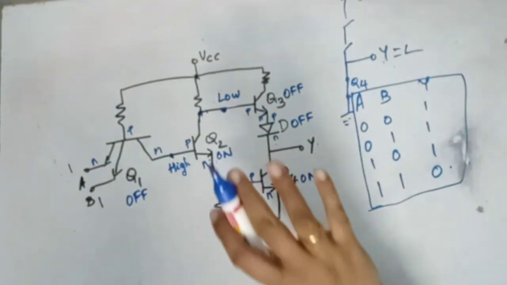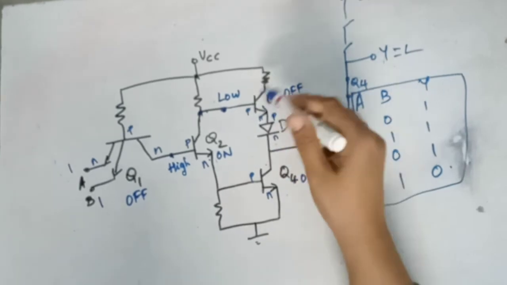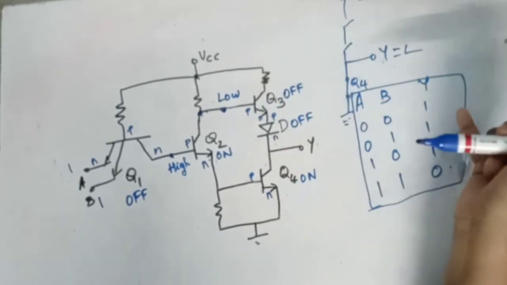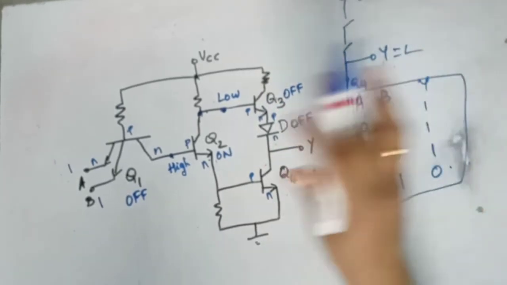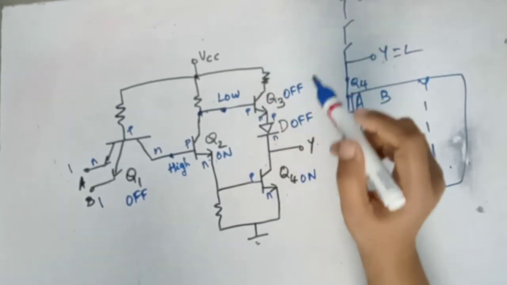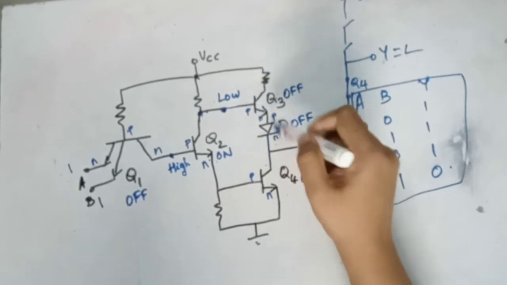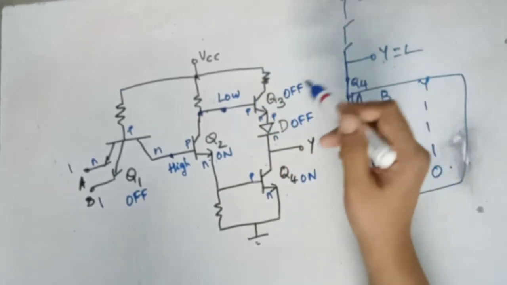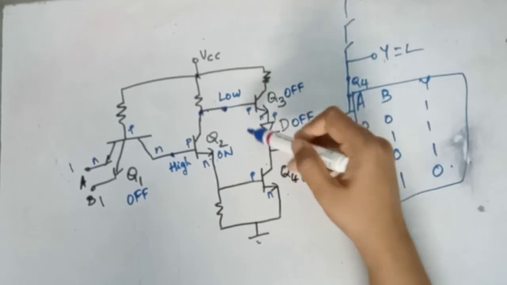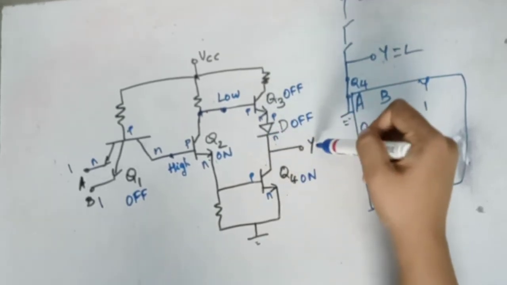So the basic gate of TTL is NAND always, but you can have different types of output. One is open collector, one is a normal NAND gate using a pull-up resistor. When you are just connecting a resistor here, you call it a pull-up resistor. And you can have active devices to pull the output.